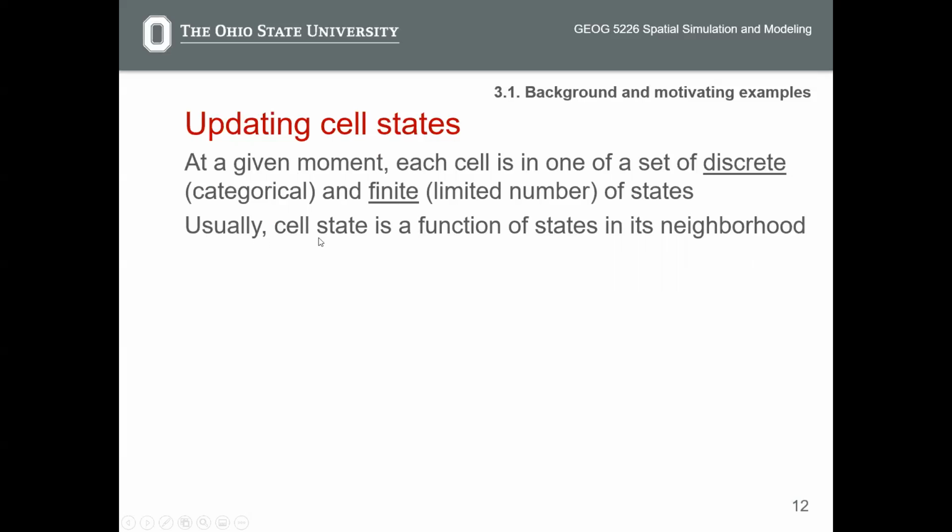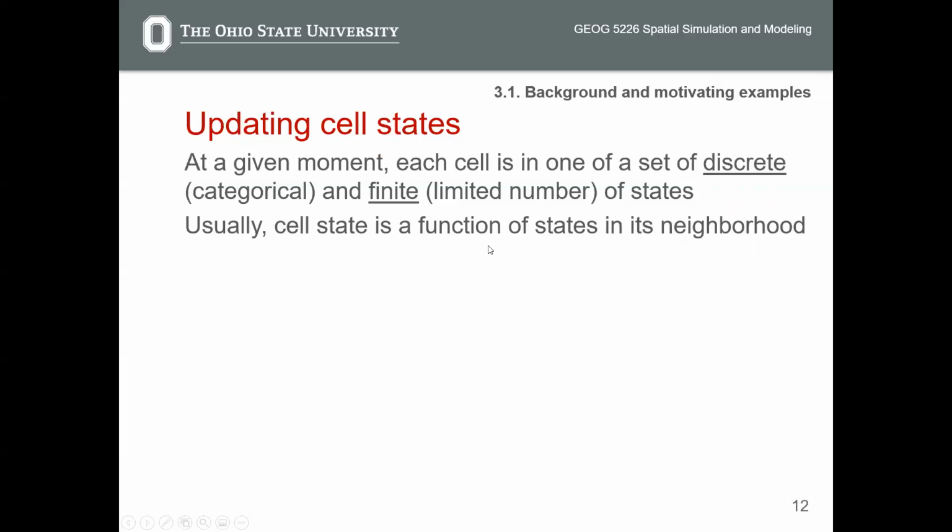Usually a cell state is a function of states in its neighborhood. What does it mean? It means that for each cell, its state is affected by its neighborhood. If we translate this into a mathematical expression, it's called cell state is a function of states in its neighborhood.